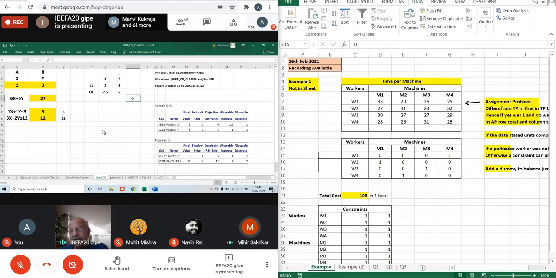Let us see now. According to the given LP solution, this much will be the allowable variation possible for profit. 6 decreased by 1 means 5. 6 increased by 1.5 means 7.5.